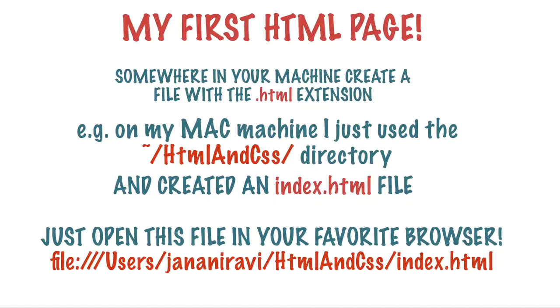Remember that browsers can handle URLs which represent just files on your local machine. They need not always refer to URLs on the internet. How do I specify that it's a file on my machine? Well, it's with the prefix that you see over there, the word file followed by 3 slashes.